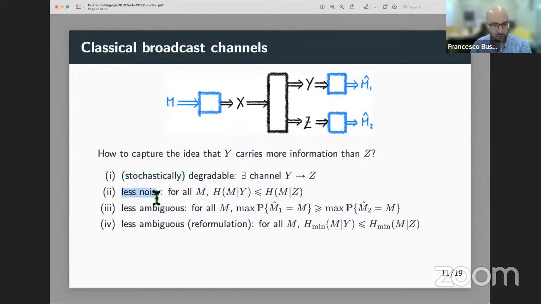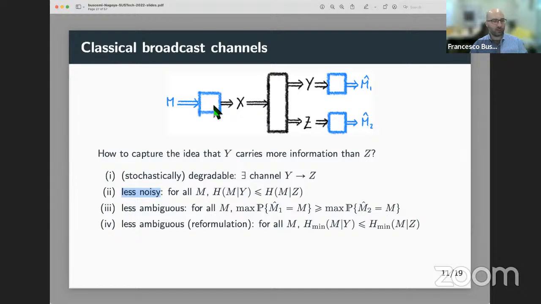Another possible ordering is that of being less noisy. This was introduced by Körner and Marton in the 70s. It tells you this: for all encodings, so I have some message M, some other random variable M, and I consider all possible encodings of M into X. And now I say that Y carries more information than Z with respect to M for all such possible messages that I want to send.